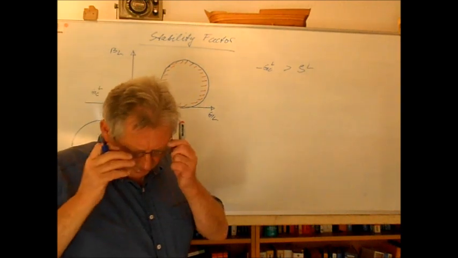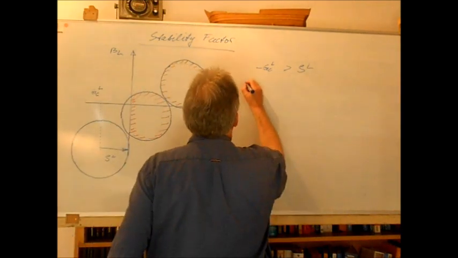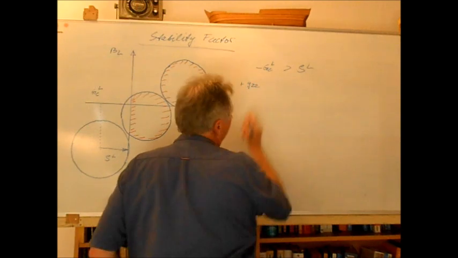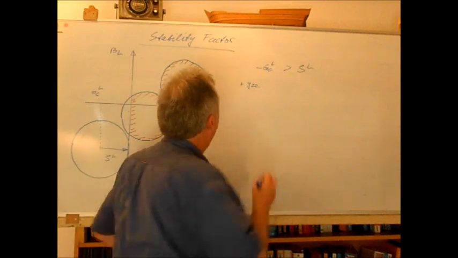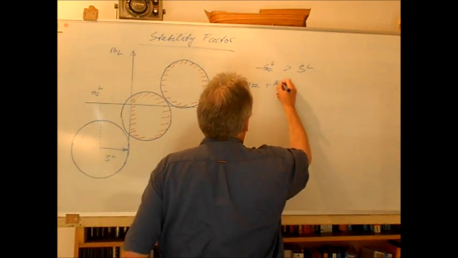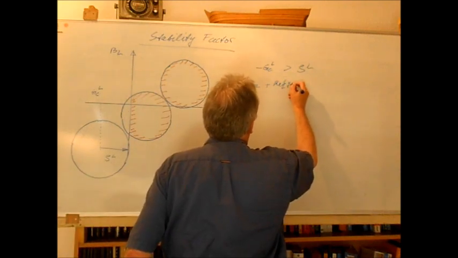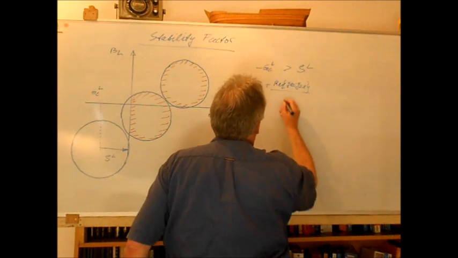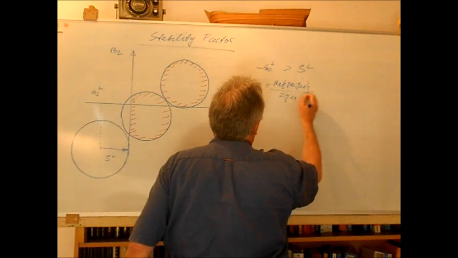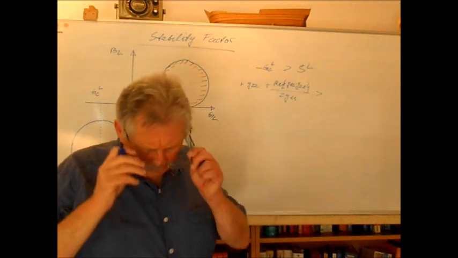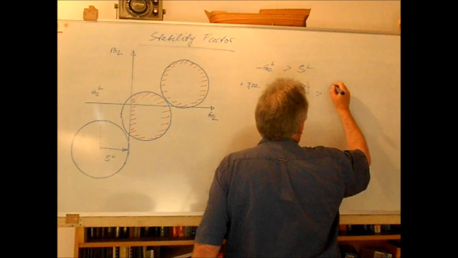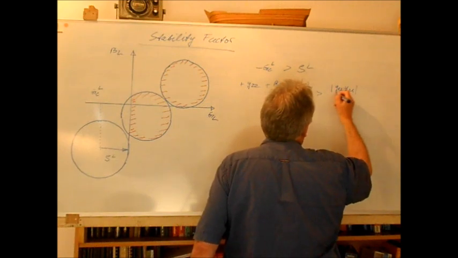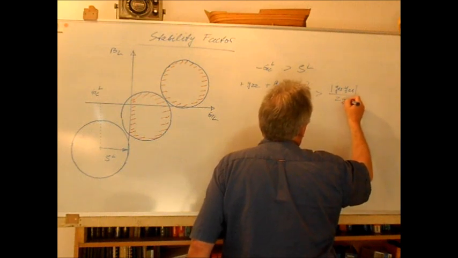This results in G22 plus the real part of y12 times y21 divided by 2G11 being greater than the absolute value of y12 times y21 divided by G11.